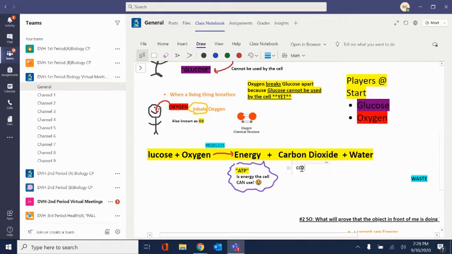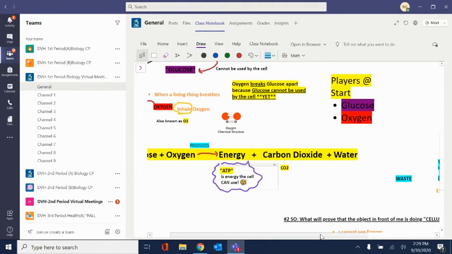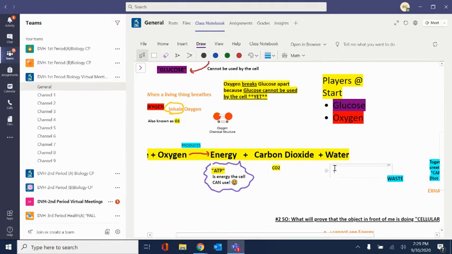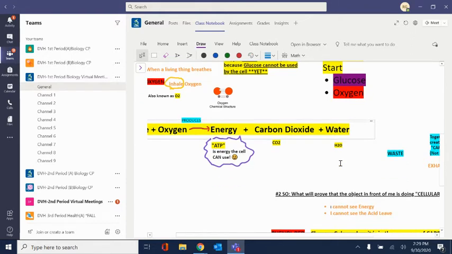And then we also have water. Water is H2O. You need to know that chemical formula for it. Again, this is something that we will use throughout the year, so you need to know this.